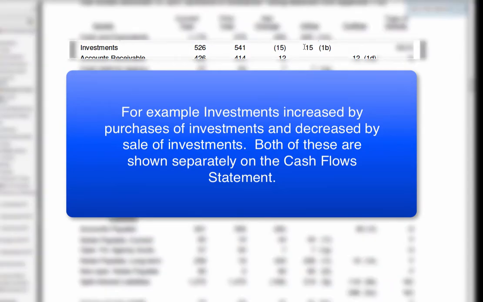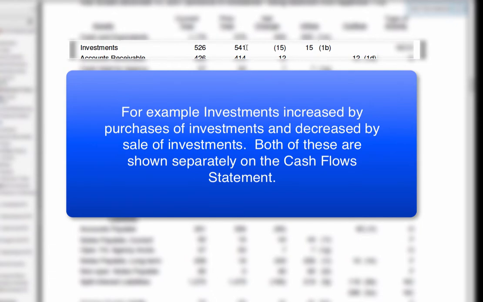Okay, and so here is the point of the entire video. Where the trouble comes from that impacts our automatic financial statements is that if you have any figure that has several dynamics working at one time, any one of these rows from the balance sheet has several dynamics going on at one time.